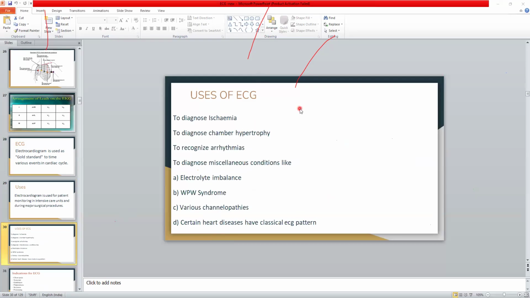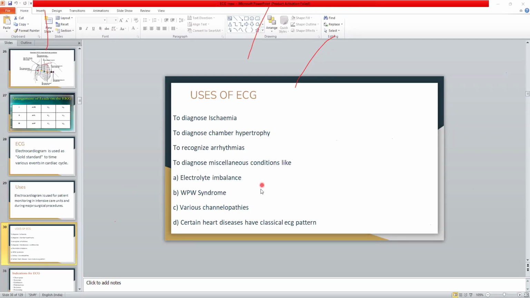It could be right ventricular hypertrophy, left ventricular hypertrophy, or different types of hypertrophies, and to recognize arrhythmias, that is tachyarrhythmias and bradyarrhythmias, to diagnose miscellaneous conditions like electrolyte imbalance, especially hyperkalemia and hypokalemia, and different types of channelopathies, heart blocks and WPW syndrome.